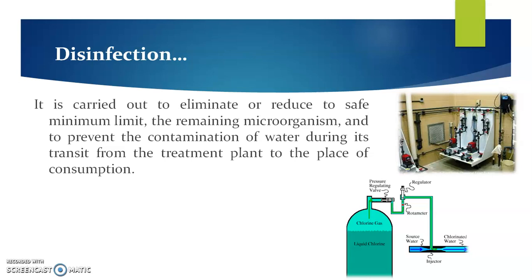In case of any further contamination because of reasons like leakage through the pipes or entry of unexpected water because of the intermittent system and difference in pressure, this residual chlorine kills the bacteria which have entered.